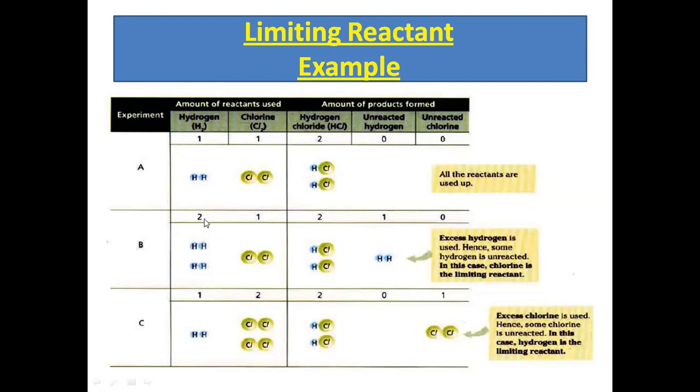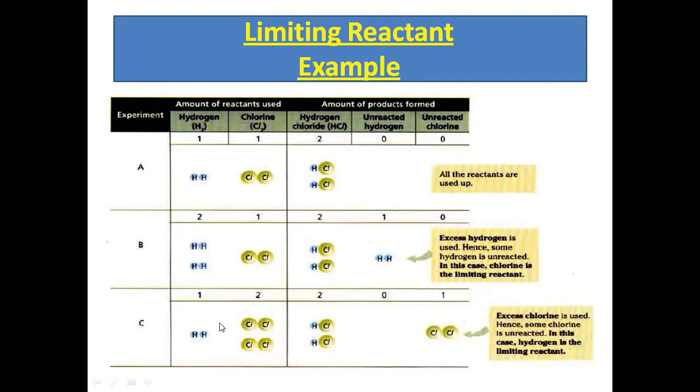But if 2 moles of hydrogen react with 1 mole of chlorine, again we have 2 moles of hydrochloric acid and hydrogen remains left. This hydrogen remains unreactive. So in this example, hydrogen is said to be in excess, and chlorine, as it is completely utilized, is the limiting reactant.